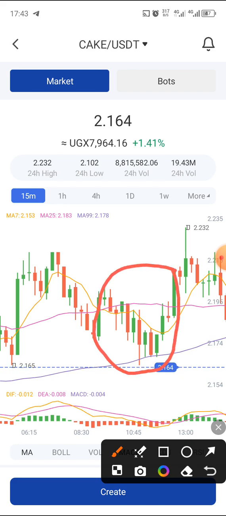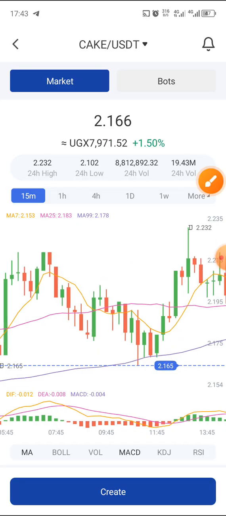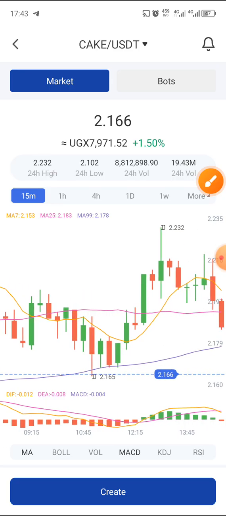let's try to count the candles. Remember, each candle here is taking 15 minutes to open and to close.